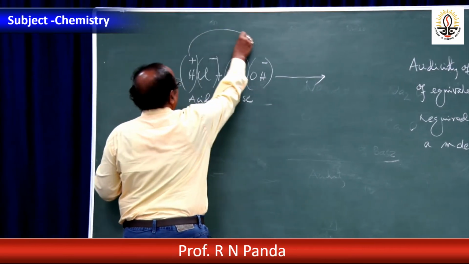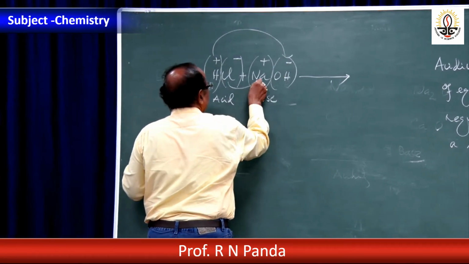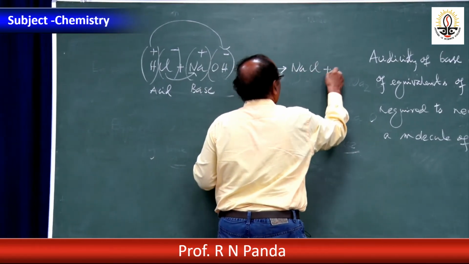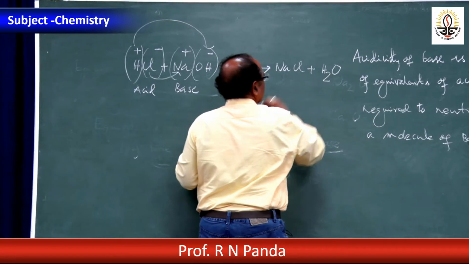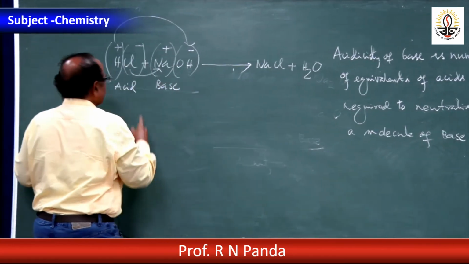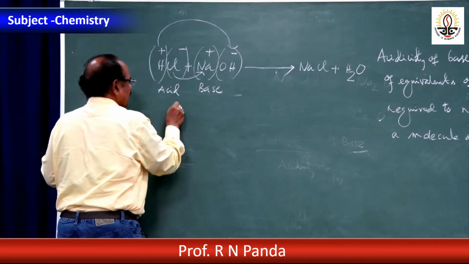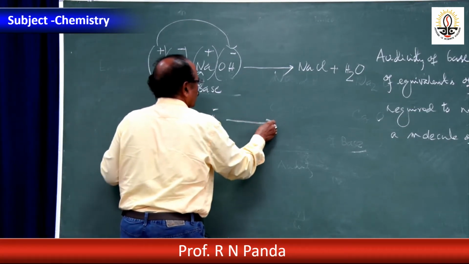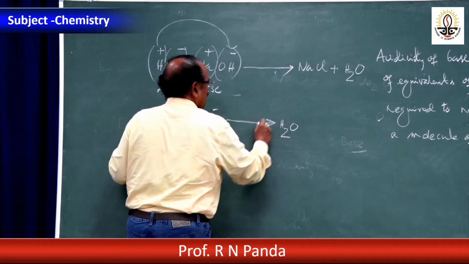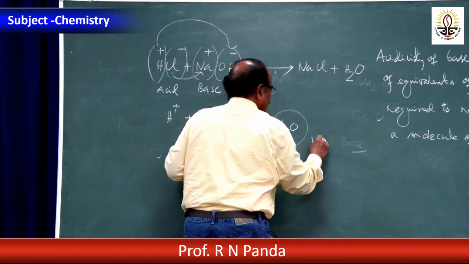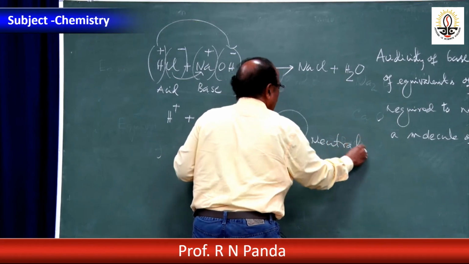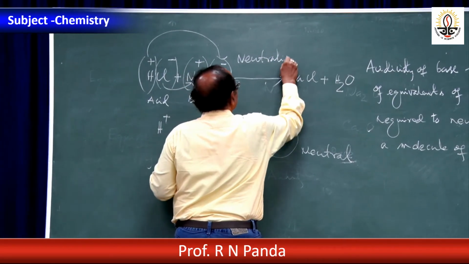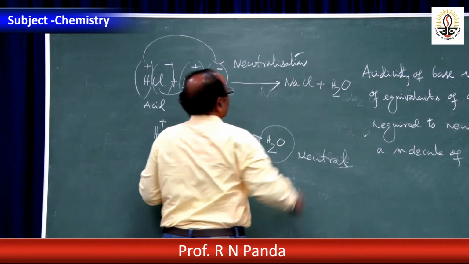The hydrogen will go to OH, and chlorine will go to sodium. So this will form sodium chloride and water. The acid is giving H plus and the base is giving OH minus. They react to form water, and this water is neutral. This reaction is called a neutralization reaction.